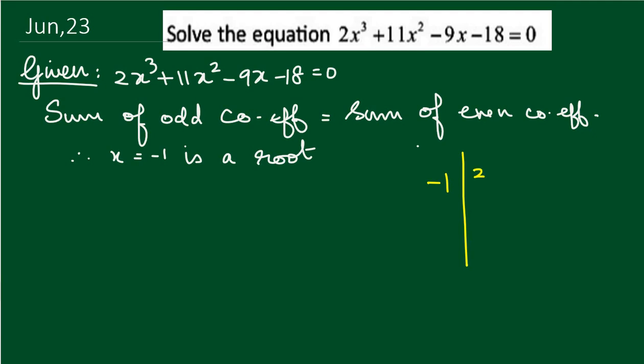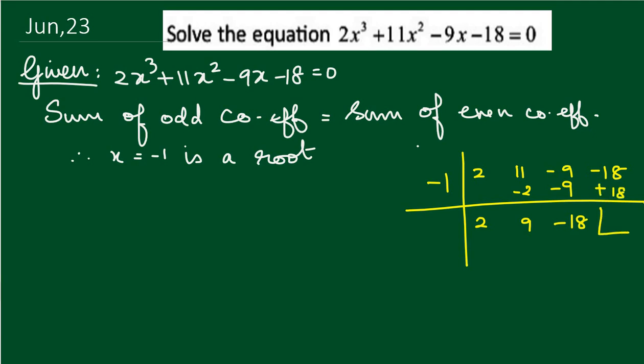The coefficient of x cube is 2, of x square is 11, of x is minus 9, and the constant is minus 18. So here it gives us minus 2, 9, minus 9, minus 18. Minus 18 into minus 1 gives us plus 18. And so the remainder is 0. We can write the other factor as 2x squared plus 9x minus 18.